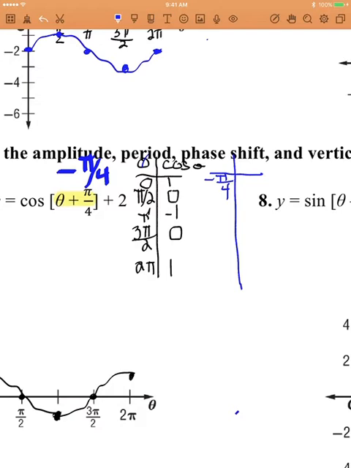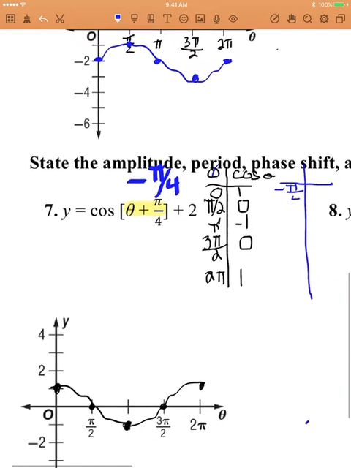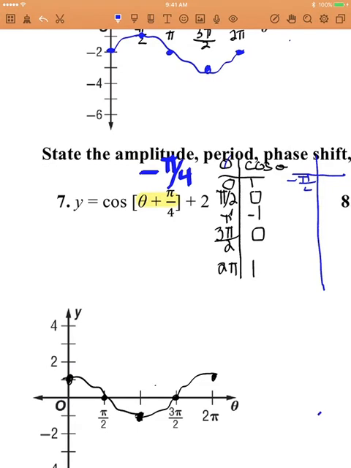Let's take the pi over 2 and subtract pi over 4 from that one. Let's do this work off to the side. So pi over 2, and I'm going to subtract pi over 4 from it. So I need common denominators. So multiply the top and the bottom by 2. So this becomes 2 pi over 4.